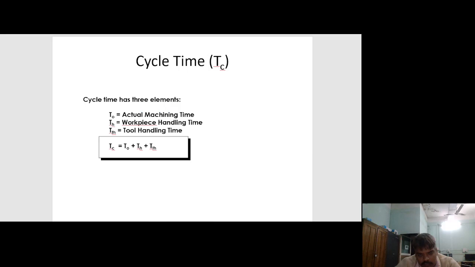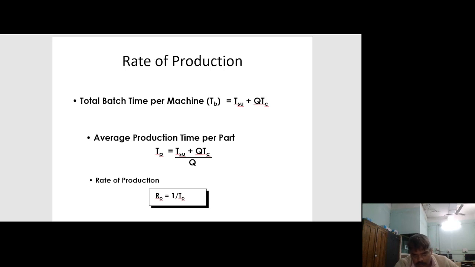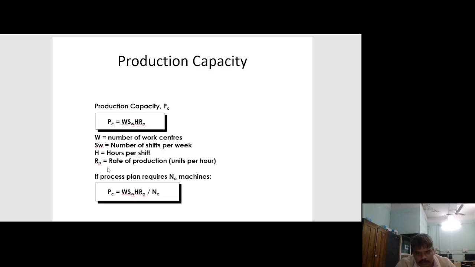Cycle time has three elements: actual machining time, workpiece handling time, and tool handling time. Rate of production: total batch time per machine, average production time per part. Rate of production is 1 divided by TP.